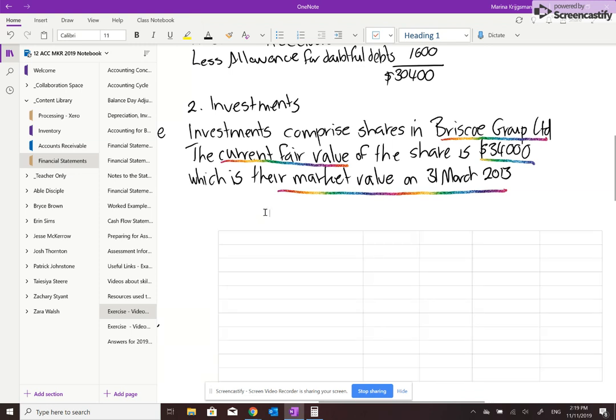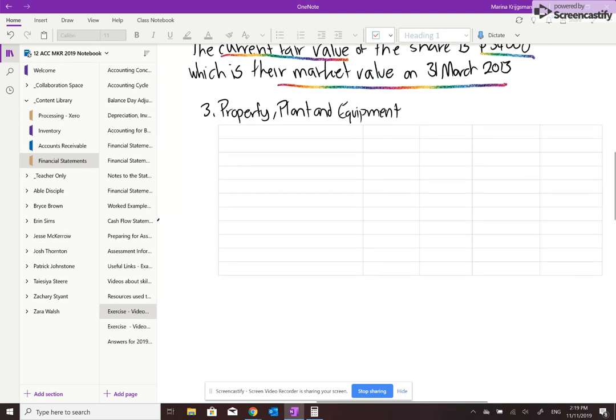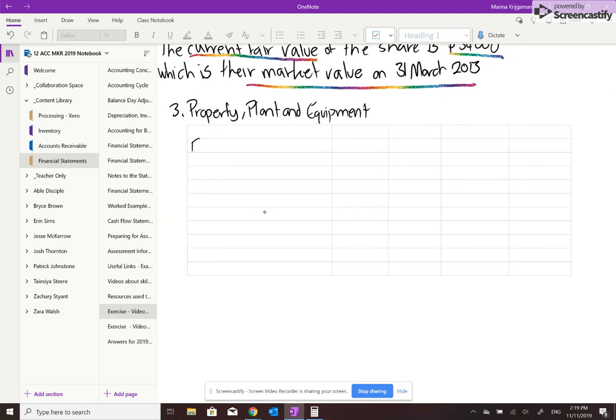So this is our note 3. It's our property, plant and equipment note. Now you'll probably get most of this, so you won't have to remember every part of it. Okay, but we're going to have at the top for the year ended 31 March.